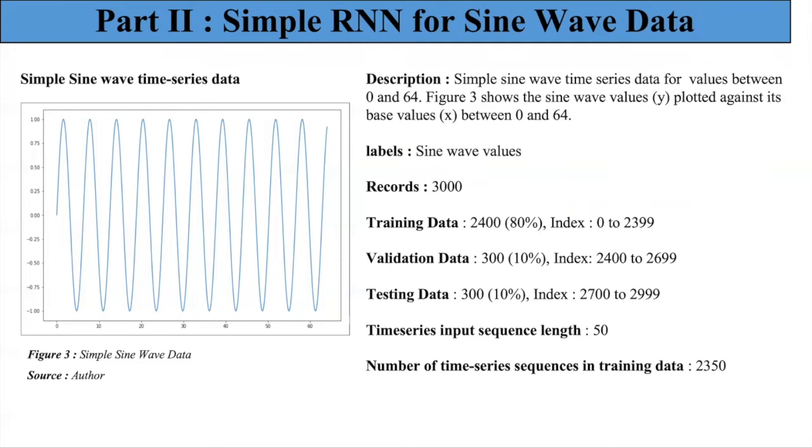I have chosen to use 50 values as a sequence in order to process the 50 values in history and predict the 51st value and so on.